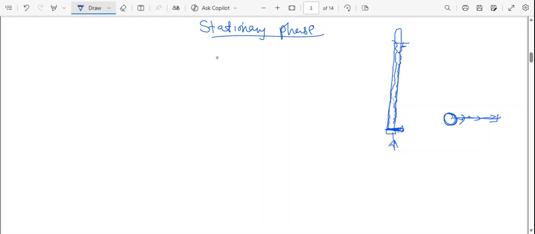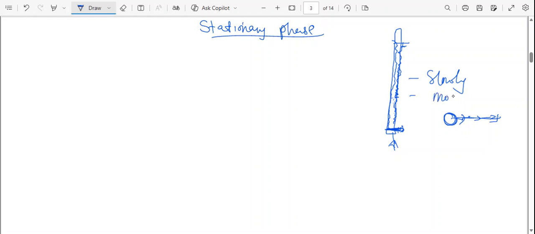What you need to know is that more attraction to the stationary phase means the particles will move slowly, and more attraction to the mobile phase means they move fast.